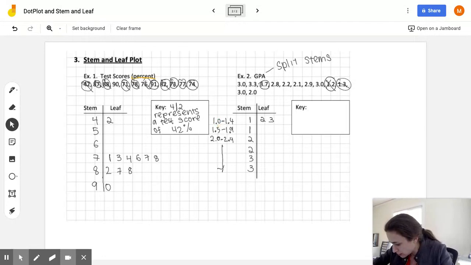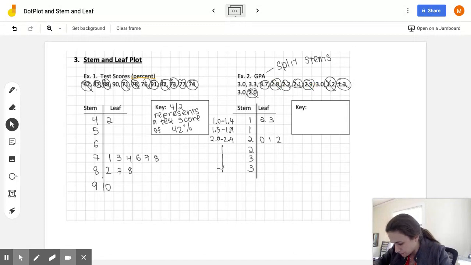So next we're on to 2.1, 2.2. Oh, I forgot 2.0. So we have 2.0, 2.1, 2.2. Did I forget anything else in the 2.0 to 2.4 range? I don't think so. Then in the next two, I'm going to put the 8 and the 9, 2.8, 2.9.